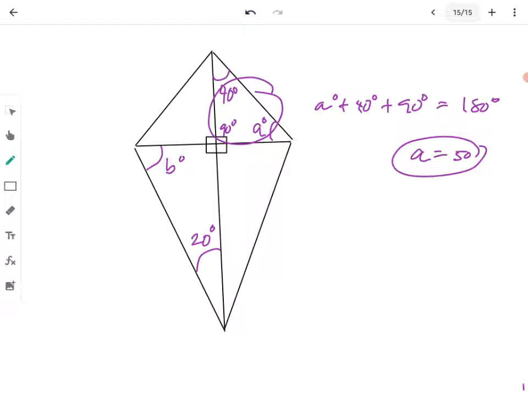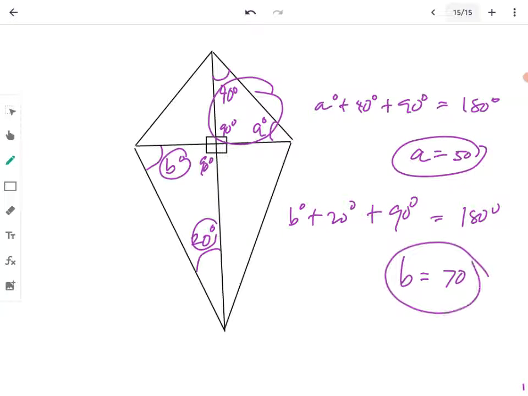The same reasoning with this. This is also 90 here. So we have b plus 20 degrees plus 90 degrees equals 180 degrees, b being 70. Again, the same reasoning, angle sum of a triangle. But the angle sum of a triangle is only for the equation.